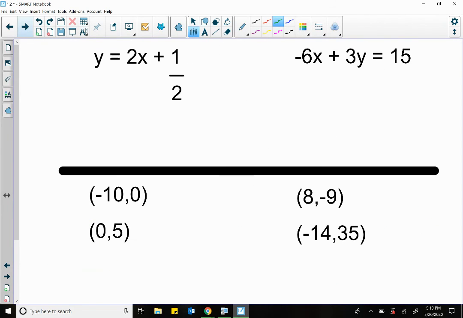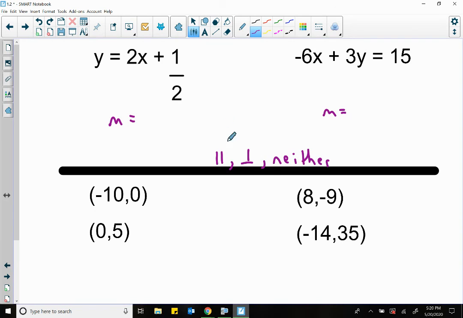Because the last thing you'll see in your assignment is this. They're going to either give you 2 equations or 2 sets of points, and they want to know, are these parallel, perpendicular, or neither? So you'll find the slope for these, and then you're going to look at them and you're going to be like, are they the same?